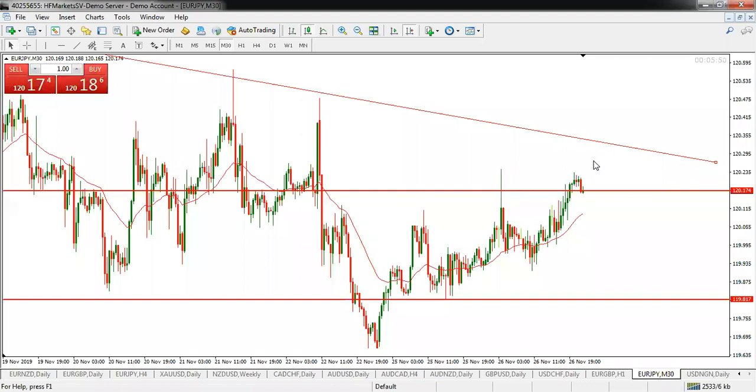So if you have $10 in your account, you cannot take some lot sizes because you don't have money to even take that risk. But if you use a higher leverage, you'll be able to take that kind of trade. Now, before I stop talking about that, one thing I normally tell people is this: as a beginner, try as much as possible to avoid higher leverage so that you don't get used to it.